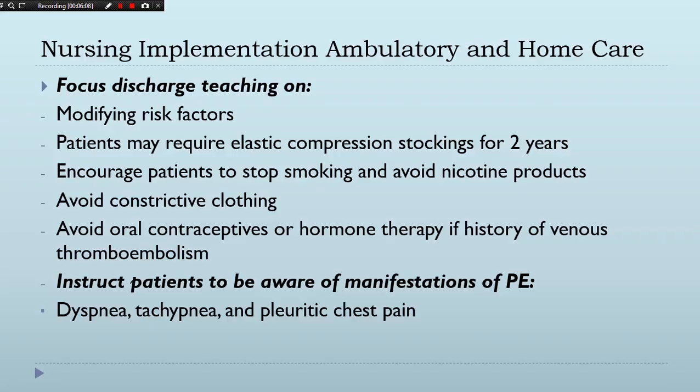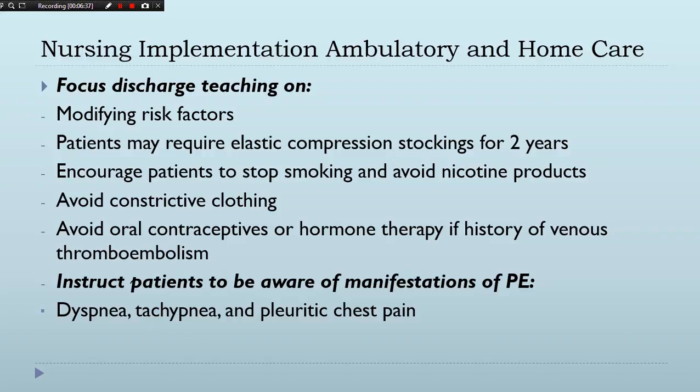So in the ambulatory and home care setting, things that we want to focus on for discharge teaching to modify these patients' risk factors. Patients who have blood clots may require elastic compression stockings for 2 years to help prevent post-thrombotic syndrome, or to reduce their edema and to increase their circulation to reduce the recurrence of blood clots.